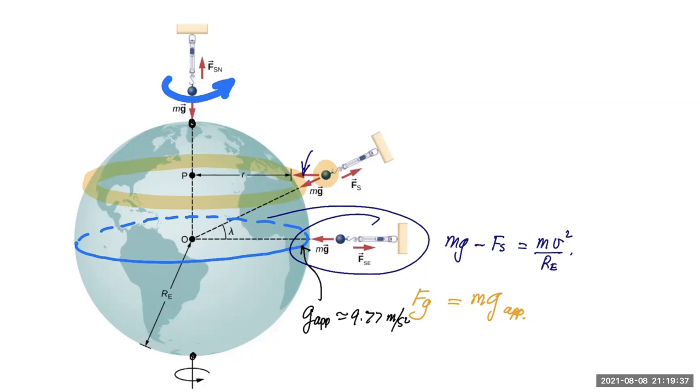This is the reason why at the two poles you have the greatest apparent value of g, about 9.83 meters per second squared. Going from the equator toward the two poles, g will gradually increase from 9.77 to 9.83. So there is a slight variation of gravity depending on where you're located on the surface of the Earth.